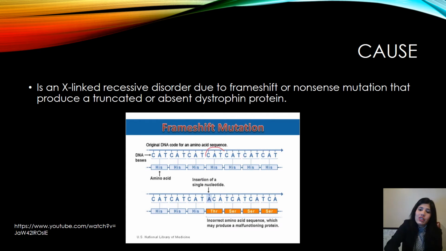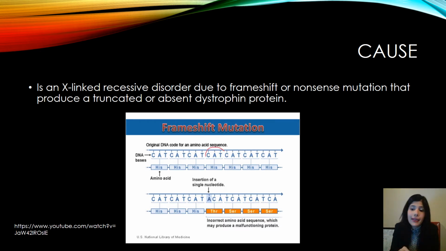Another kind of mutation could be a nonsense mutation. It happens when there is a stop codon. When you are doing the transcription of the genetic material of the DNA, and you find this stop codon, the transcription stops.